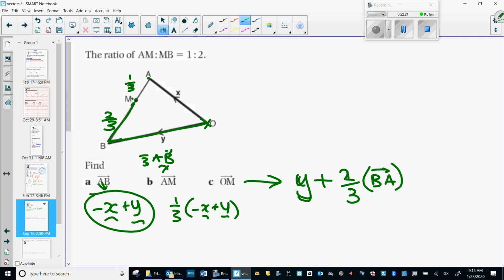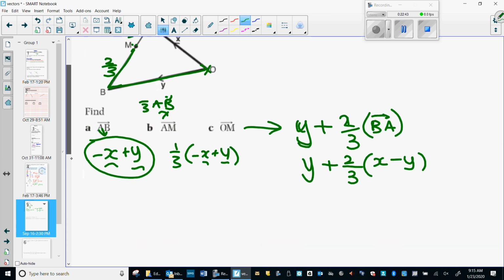Okay. Oh, wait a minute. So that's going to end up being Y plus 2/3 of X minus Y. Okay? Because B to A is the opposite signs.